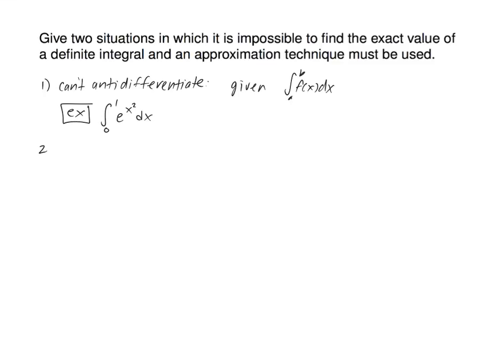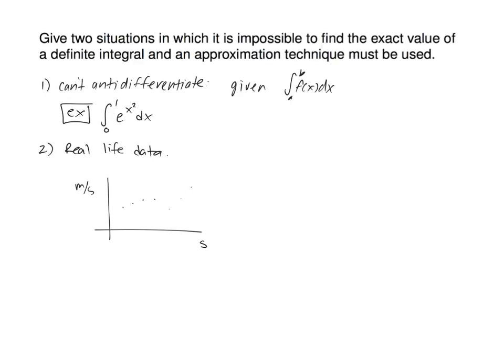Another situation could be that maybe you only have real life data. I have a friend who's an electrical engineer, and he might have readings from his equipment, but you might not actually have a function. It might be that you have all of these points. Say this axis is seconds and this is meters per second, and you can measure somebody's speed.